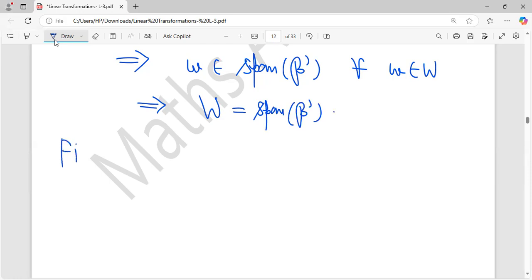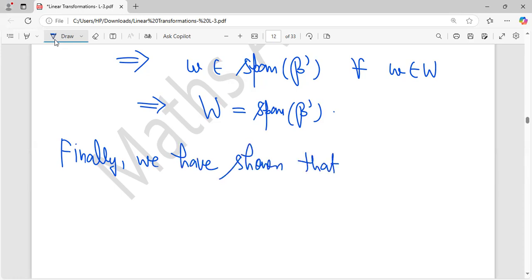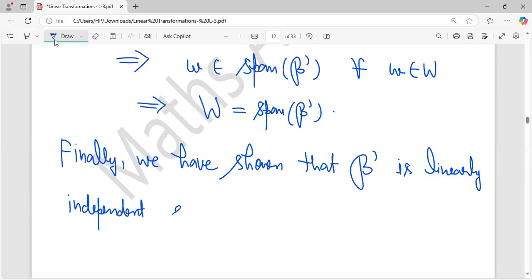And finally, we have shown that B dash is linearly independent and W is the span of B dash.